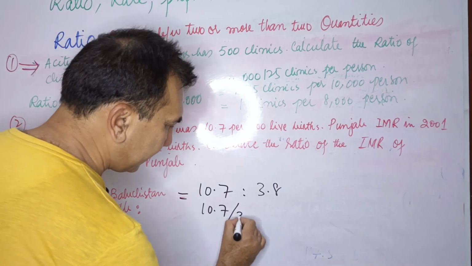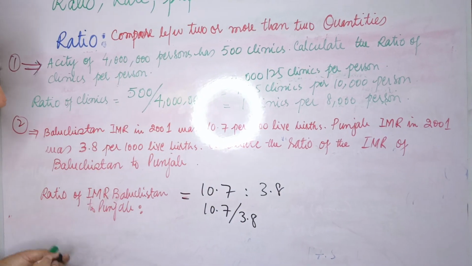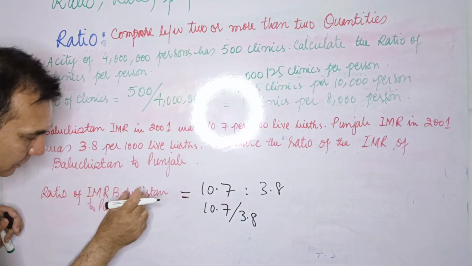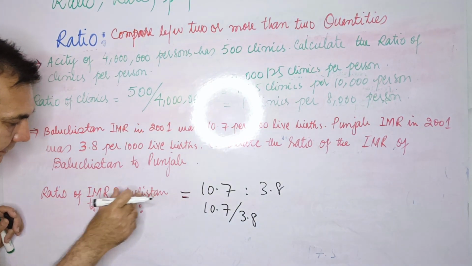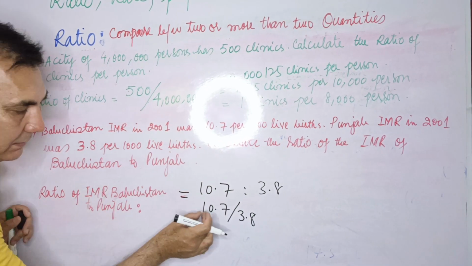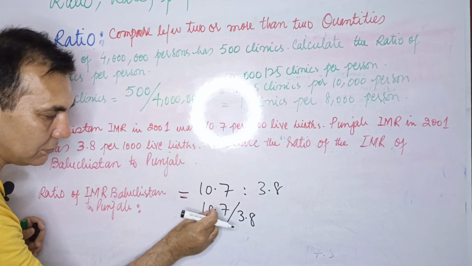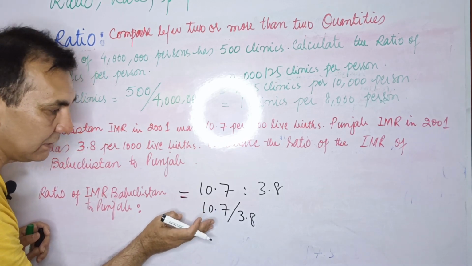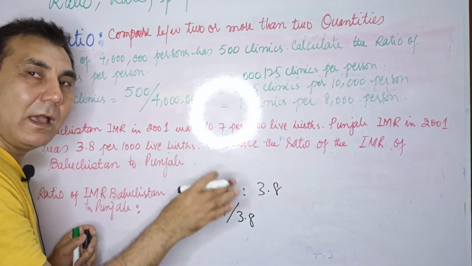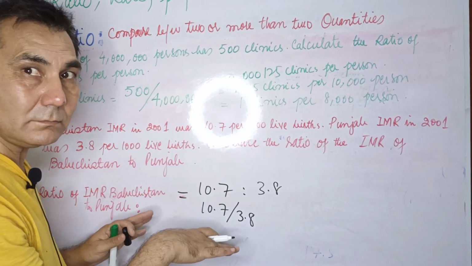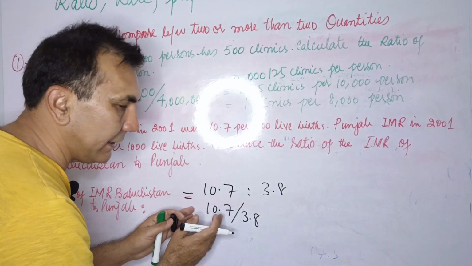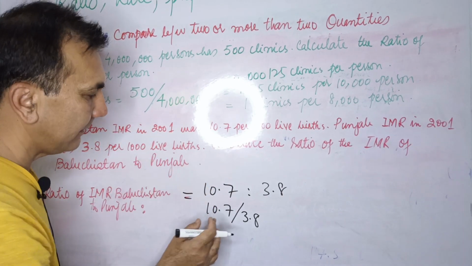10.7 divided by 3.8, because the examiner is asking that the infant mortality rate of Balochistan be compared with Punjab. So Balochistan comes first, as the numerator, the dividend, or the antecedent.